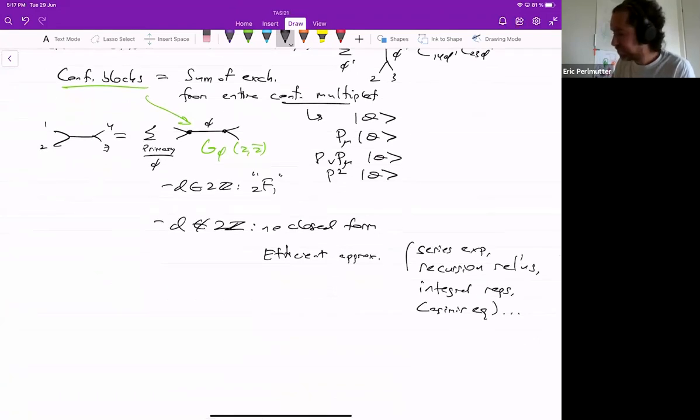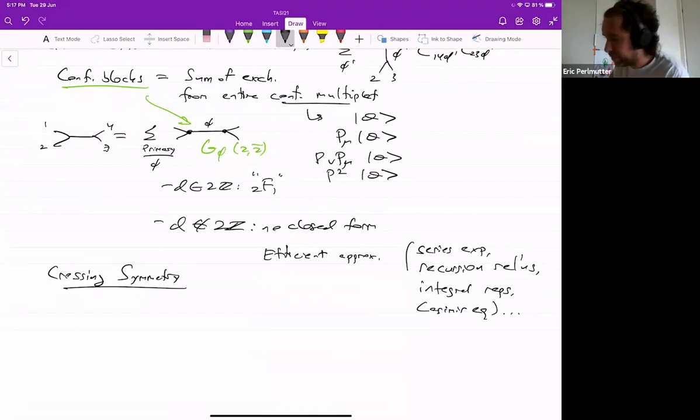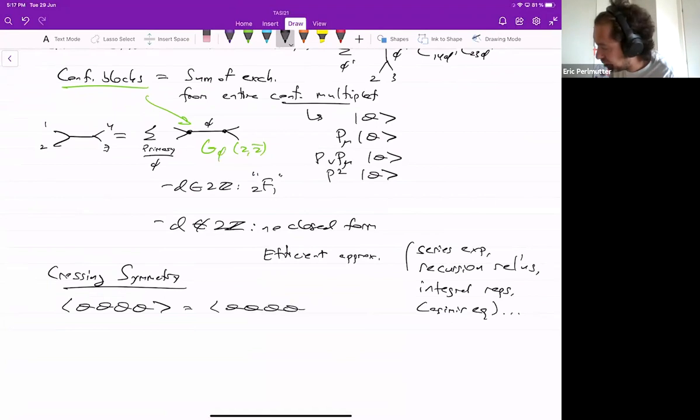So crossing symmetry is associativity of the OPE. So if we're looking at this 4-point function of O's, I can use the OPE in different ways.